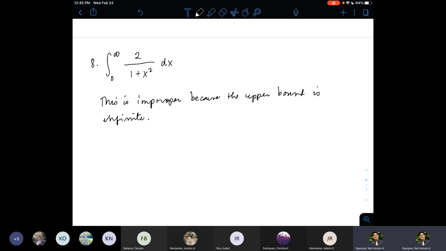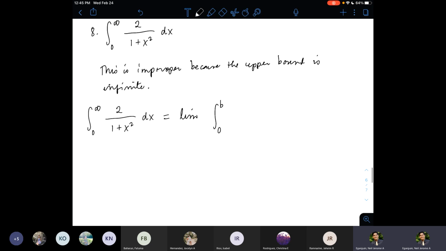So remember clause 2 of our definition for improper integrals: if at least one of the bounds happens to be infinite, it is automatically improper. And as before, we just turn this into a limit problem, by replacing the cause of being improper, in this case the infinite upper bound, with another name. Let's disguise it as the number b. Same integrand, and take the limit as b approaches positive infinity.